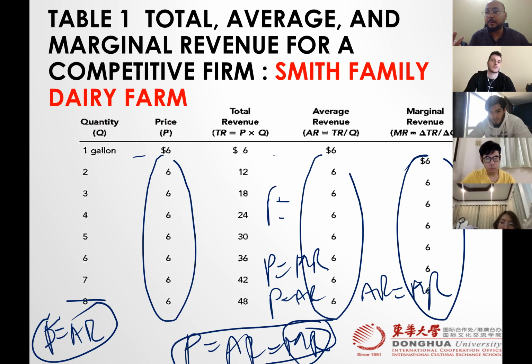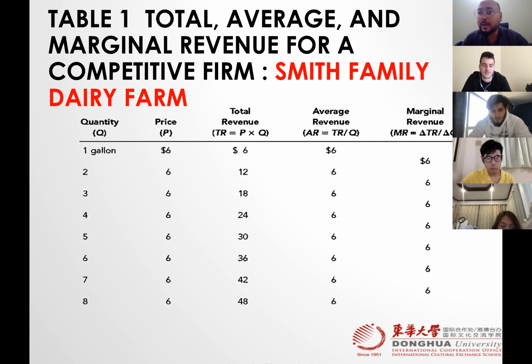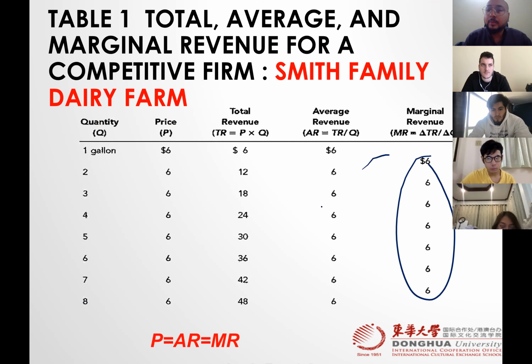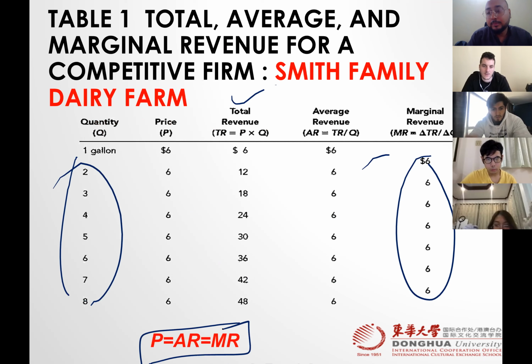So if in the question you are not given price, and the question mentions that the market is a competitive market and you are given MR and quantity, find out the total revenue. Because you know the condition for perfectly competitive markets, its revenue structure is that price is equal to AR is equal to MR. So we can switch to find total revenue, price into quantity.